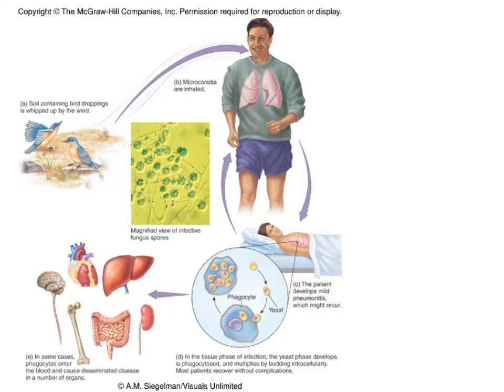Now again, some of the slides I'll take you through how we acquire these, and where these fungi are coming from. Again, I want you to pay attention to A, which shows that there's a soil that's containing bird droppings, and that soil is whipped up, and you happen to be running, you happen to be in the farm, an ecosystem where you will inhale these microconidia.